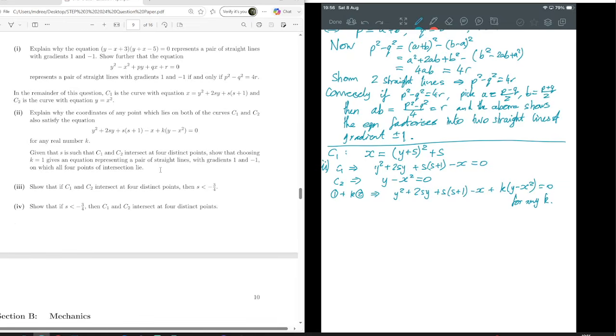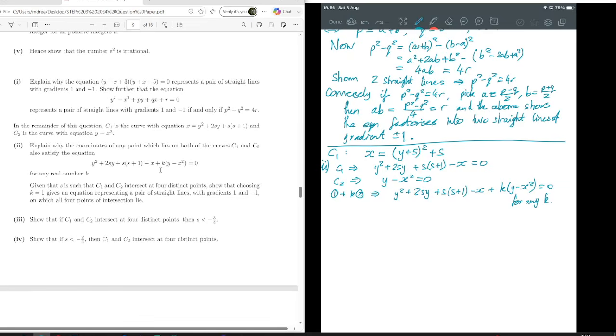Given that s is such that these equations intersect at 4 distinct points, show by choosing k equals 1 gives an equation representing a pair of straight lines on which all 4 points of intersection lie. Okay, so we're going to choose k equals 1 to make it negative x squared.